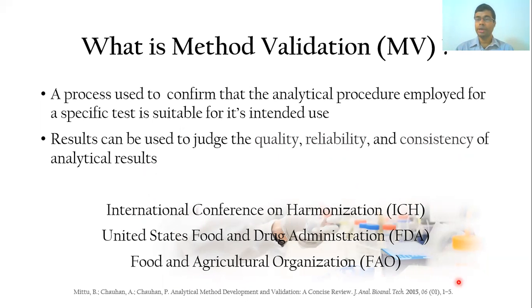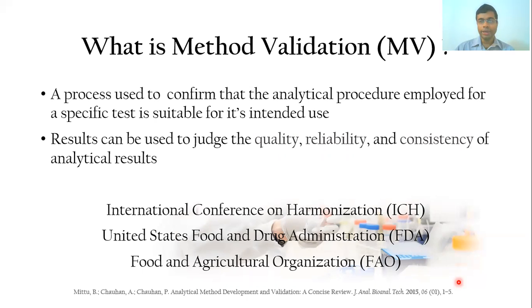These organizations present rules and regulations which can be used to develop our drugs or develop the analytical procedure applicable for the drugs. This is going to be very convenient for the pharmaceutical manufacturers so that they can quickly apply these methods in their laboratories and see whether their drugs are according to that particular guideline.